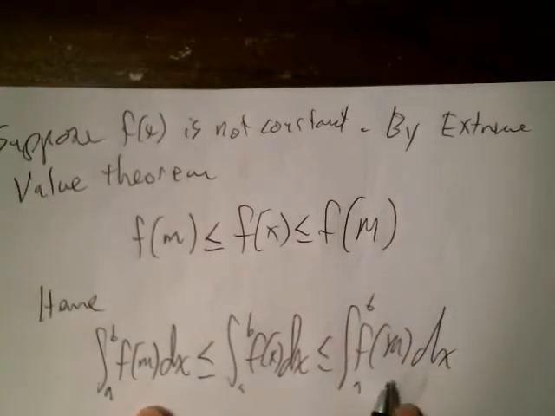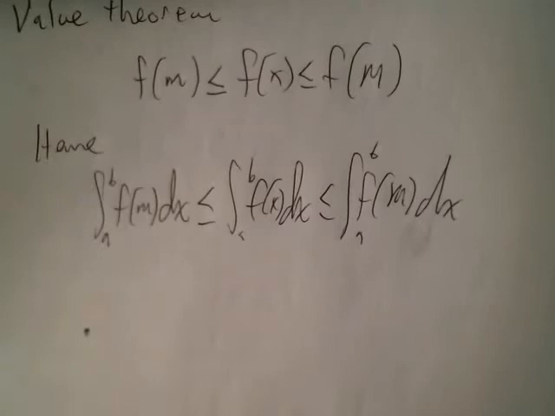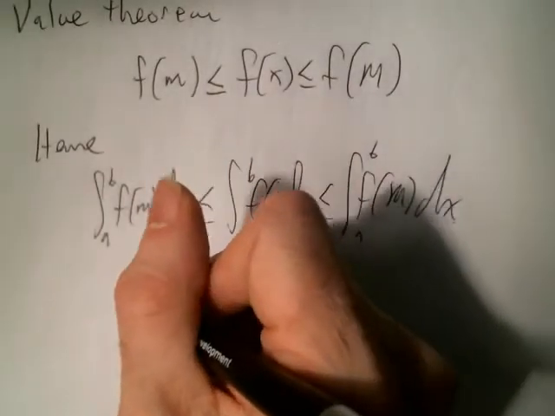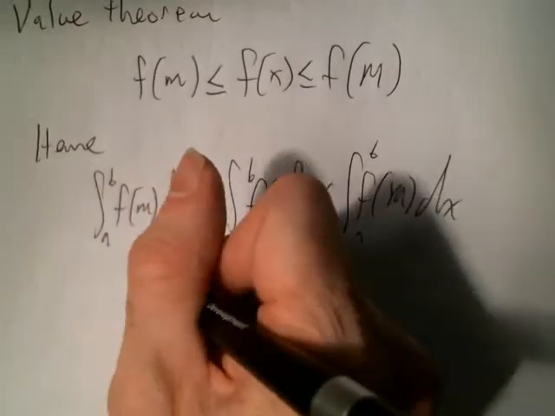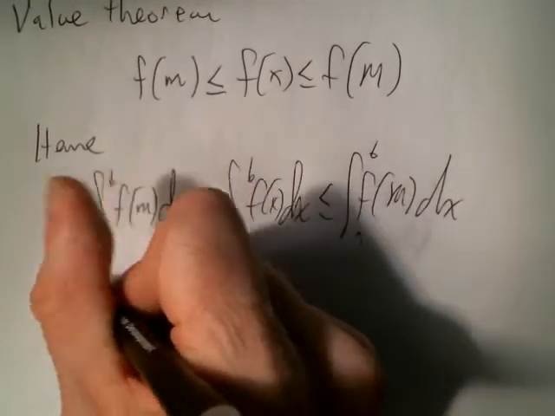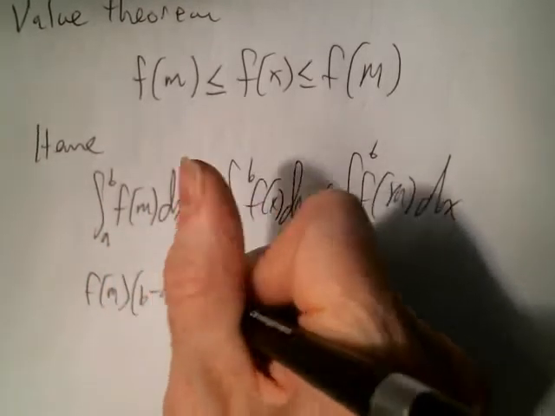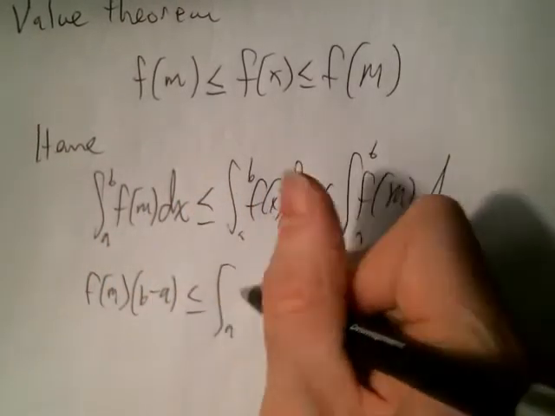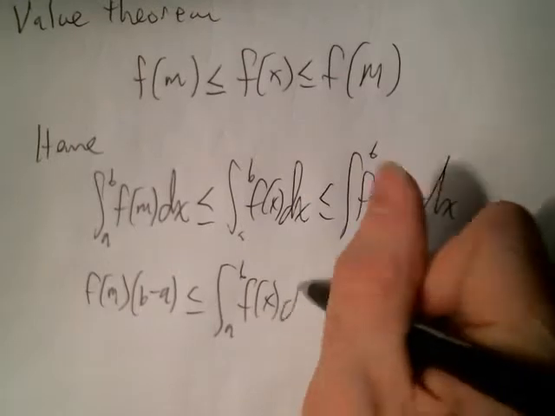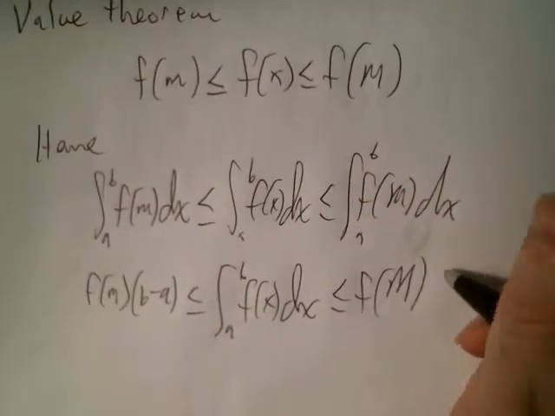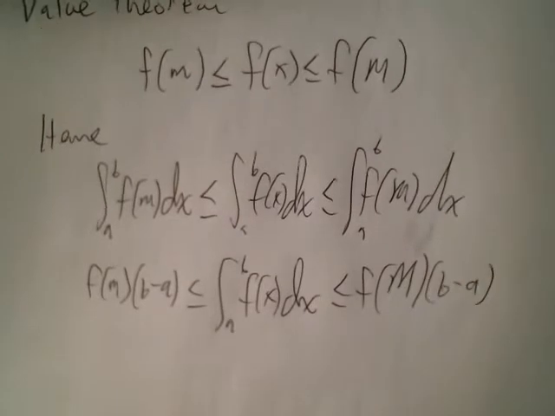These two guys are constants again, right? So we know how to deal with those. That'll just be f of little m times b minus a, less than or equal to the integral from a to b of f of x dx, less than or equal to f of big M times b minus a.